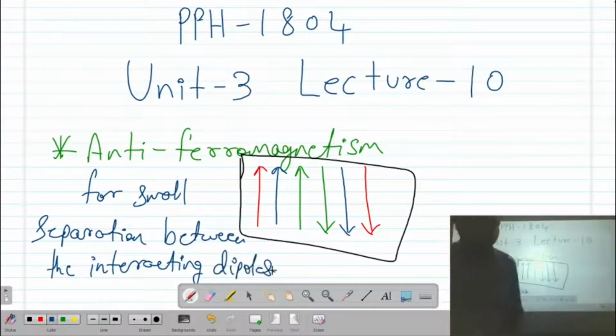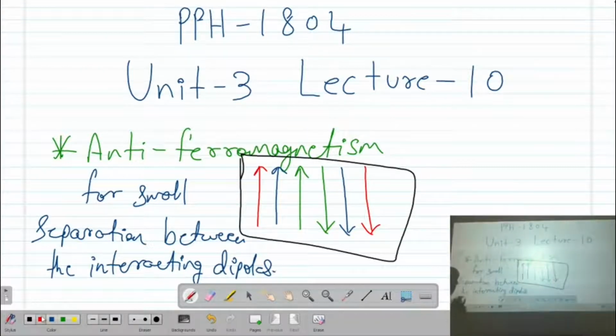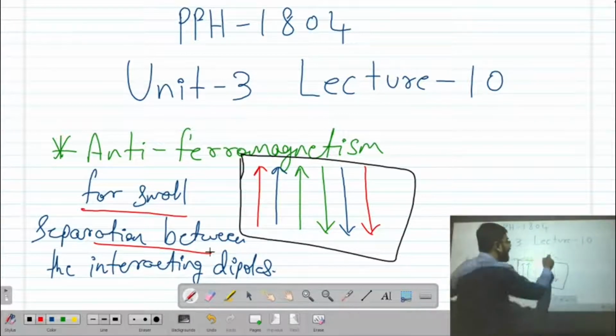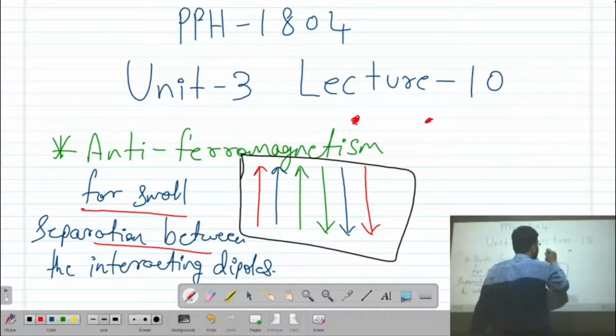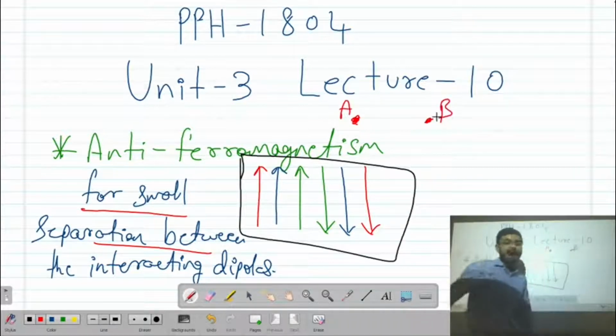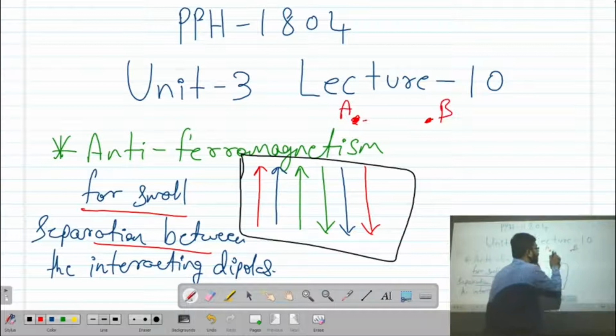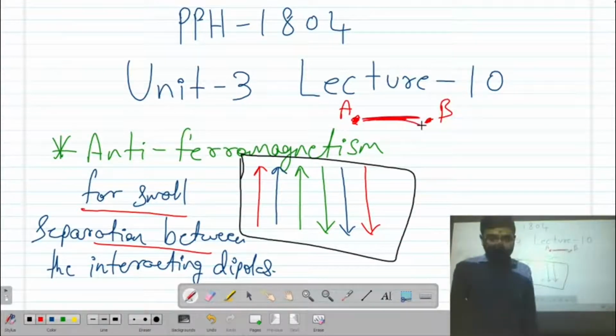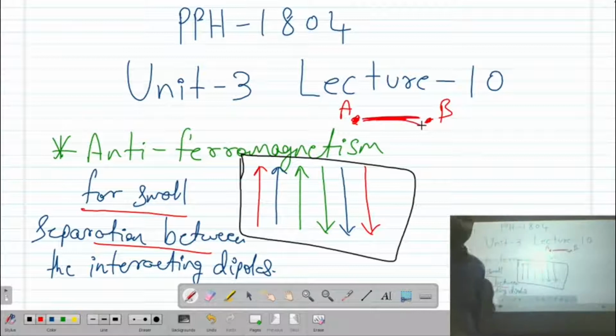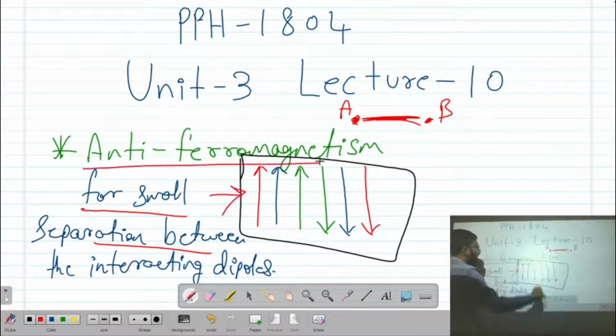So antiferromagnetism results when you have a small distance between the interacting dipoles, meaning the atomic distance. This is atom A and this is atom B. If the atomic distance between these two atoms is small, then you will have this kind of arrangement. You will have antiferromagnetism for small separation between the interacting atomic dipoles.